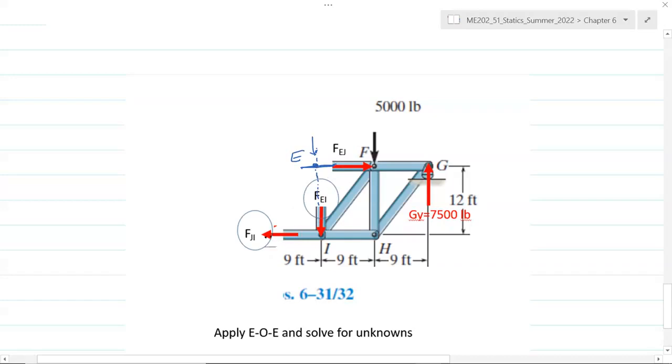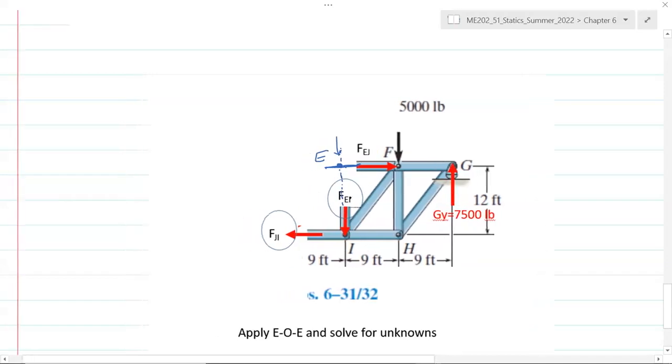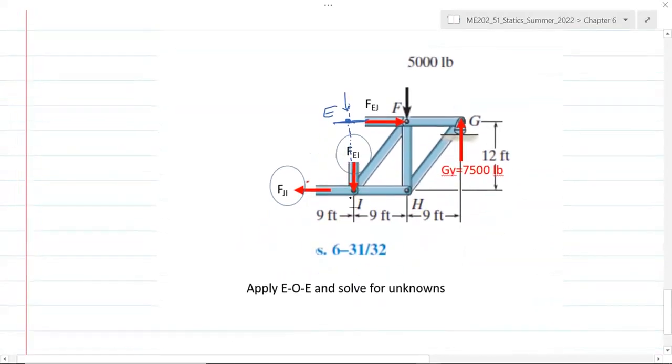So the moment we need to include is because of Fji about E. Fji multiplied by the perpendicular distance, which is this 12 feet, and that's clockwise, so it's negative. The moment of this 5,000 Newton about E is 5,000 multiplied by 9, clockwise, so it's negative. And 7,500 multiplied by 18, the distance from E, is counterclockwise, so that's positive. If this whole truss is in equilibrium, then the sum of those moments is 0.